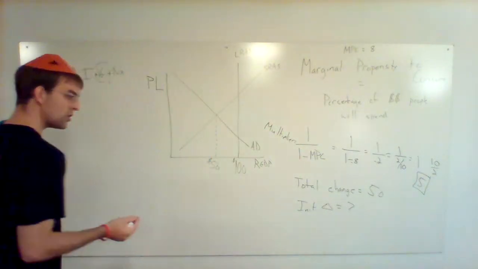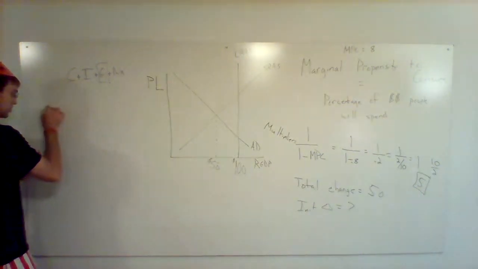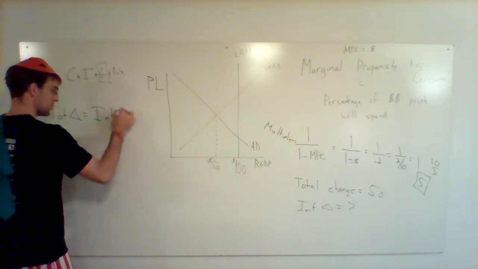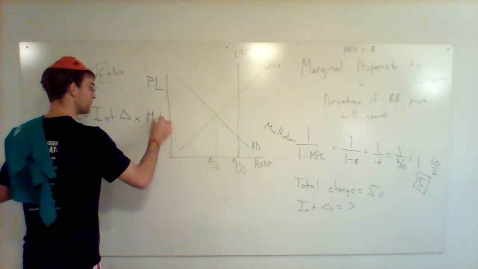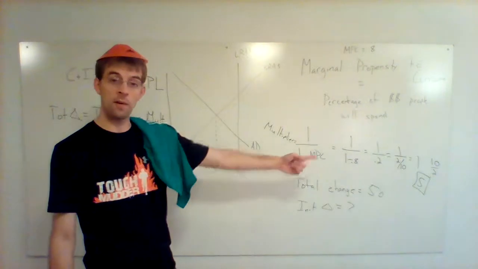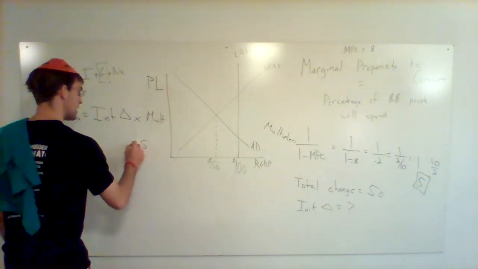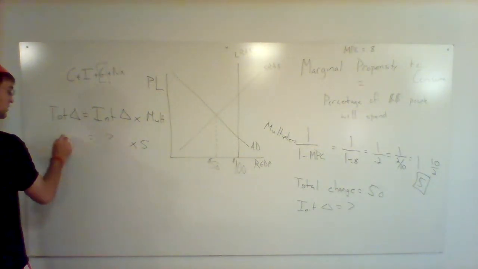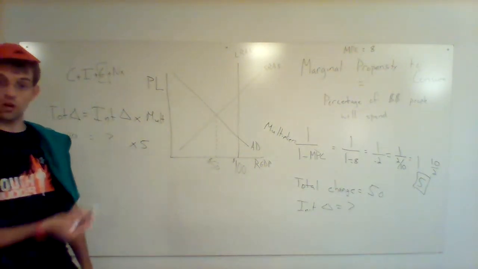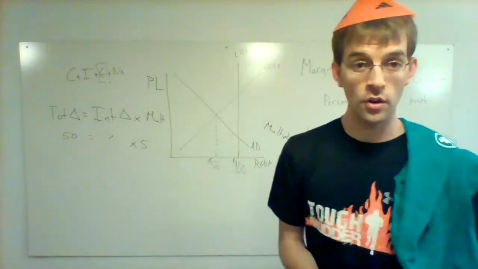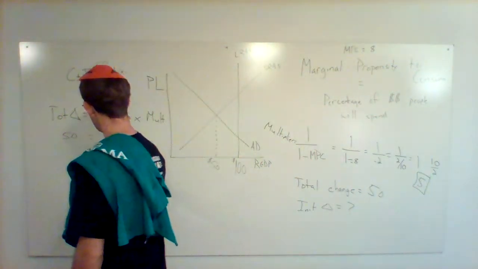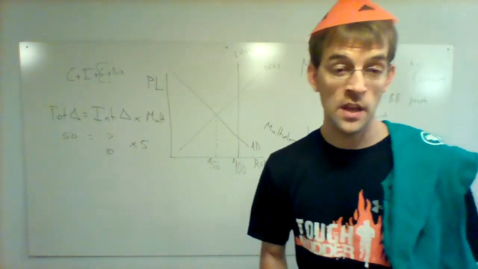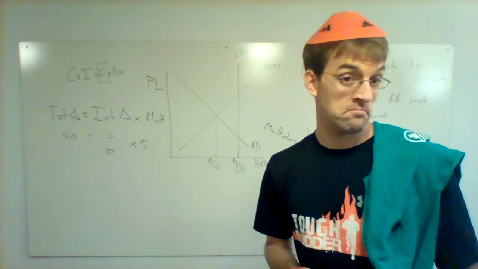Total change equals initial change times your multiplier. Well, I figured out my multiplier is 5. My initial change I'm still searching for, but my total change is 50. Can you solve for x here, or for my question mark? I sure hope so. Should get 10. So the government has to spend $10 to get a $50 shift and close this recessionary gap.